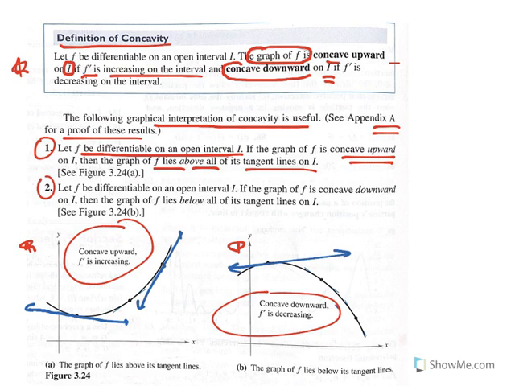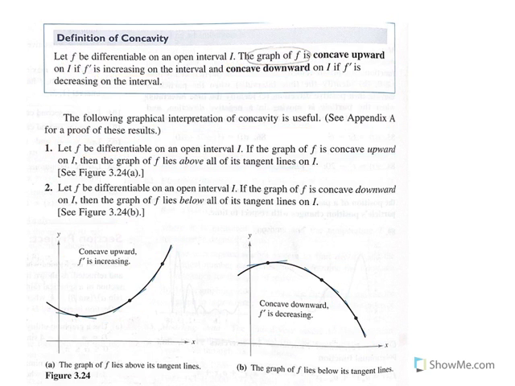So you can see that the tangent lines are above the graph. So you should be able to remember the graphical interpretation of what concave up looks like and what concave down looks like.